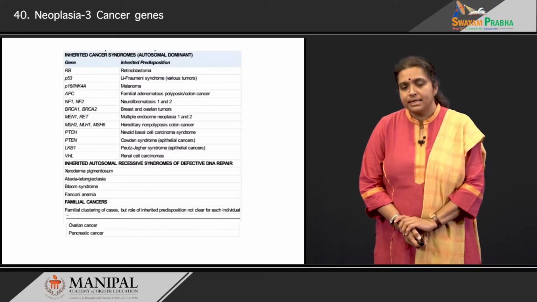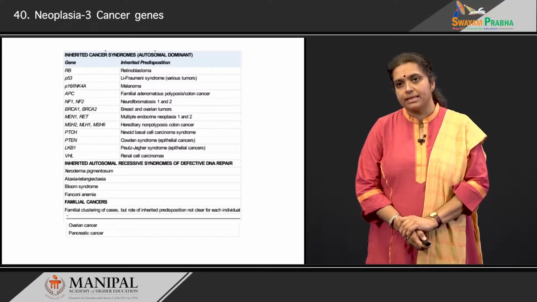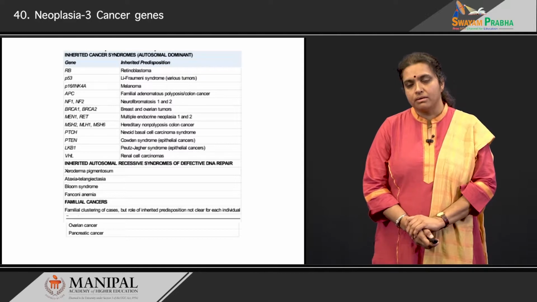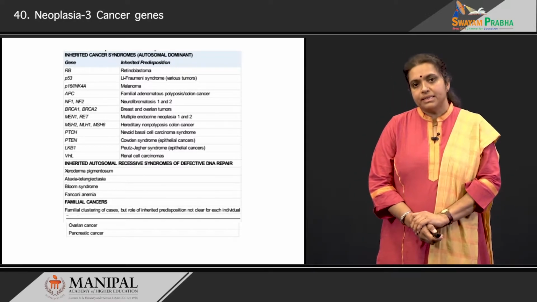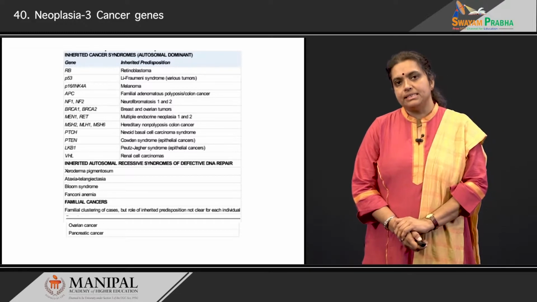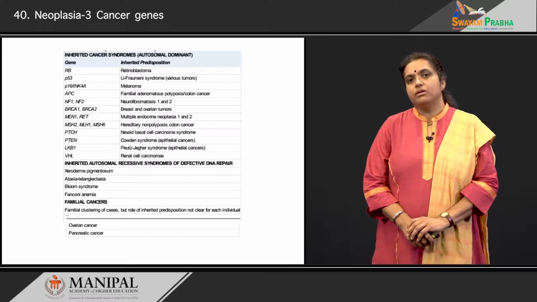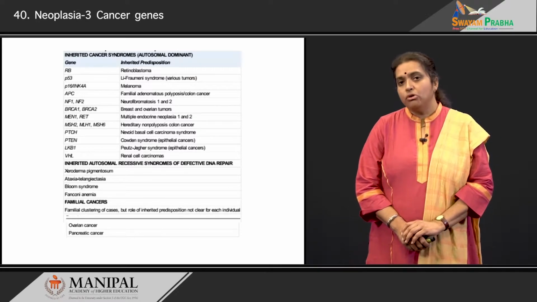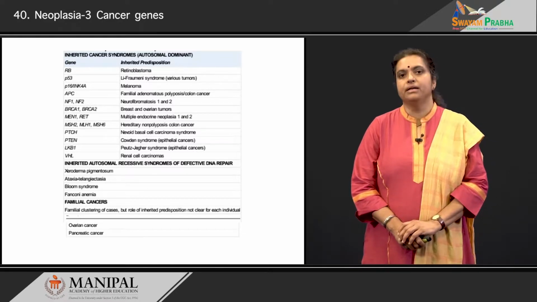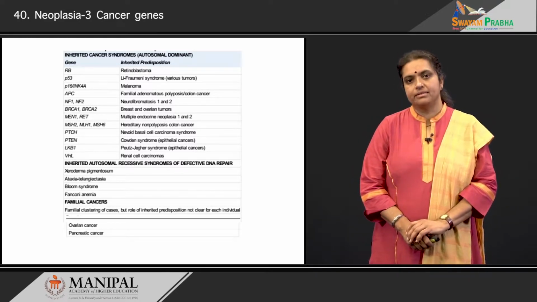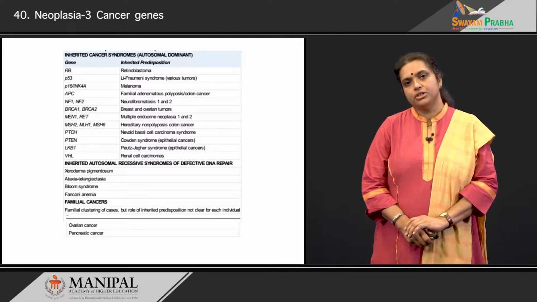Now, when I say that there are genes that are key to malignant transformation, in a sense cancer is a genetic disease, but this does not mean that all cancers are inherited. Only if these genes, the cancer genes, affect cells in the germ line will it become an inherited cancer, which can be transmitted from one generation to another.